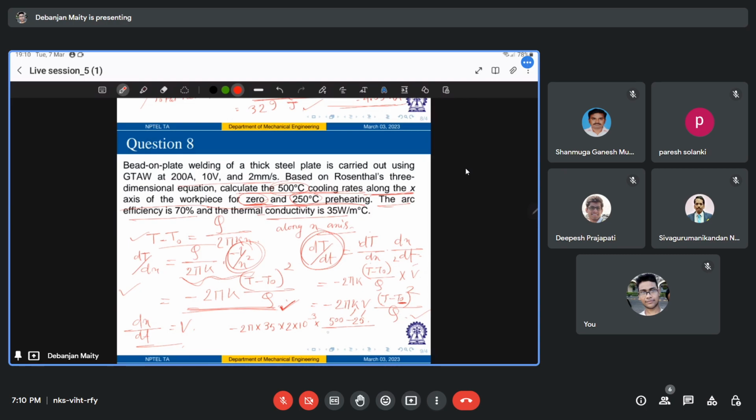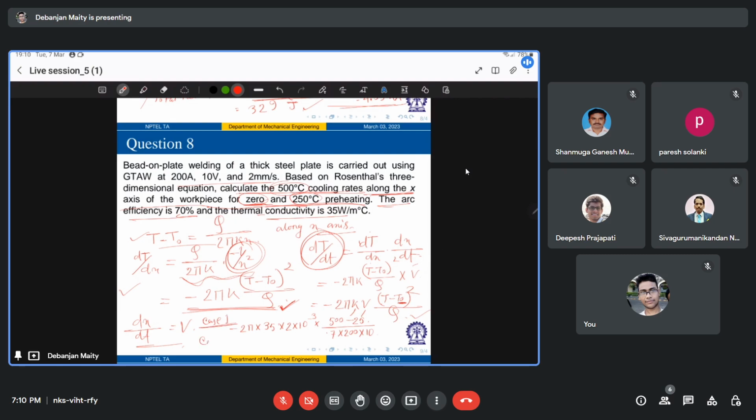Q value is, you have your efficiency as 70%, that into 200 into 10. This is your case 1, where your preheating is 0.